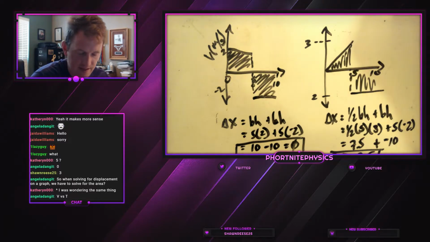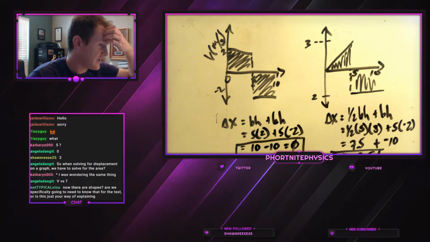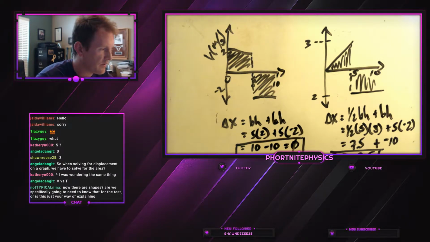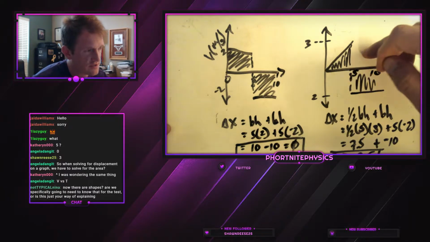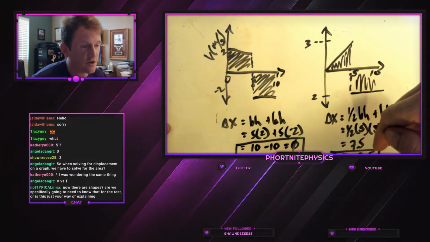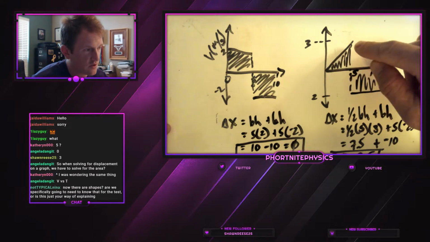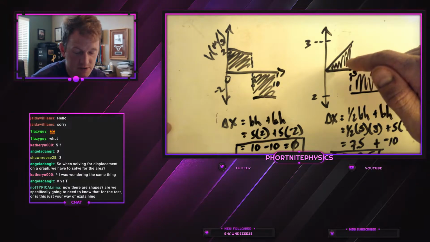Yeah, exactly. Thank you. Now there are shapes. Are we specifically going to need to know that for the test, or is this just a way of explaining? Okay, you might need to know it for the test just to do this area under the curve thing. You won't need to graph or interpret a velocity that changes. Okay?